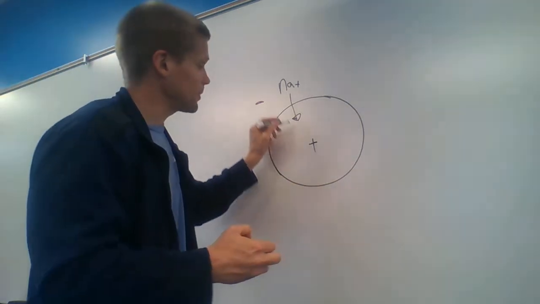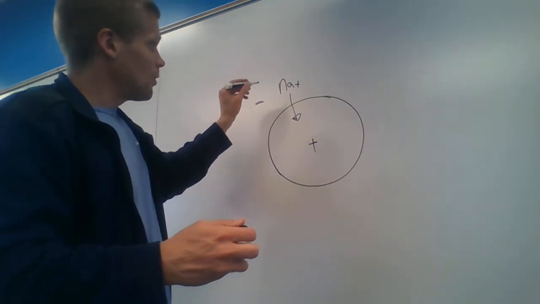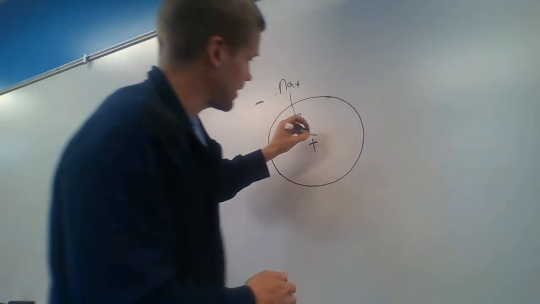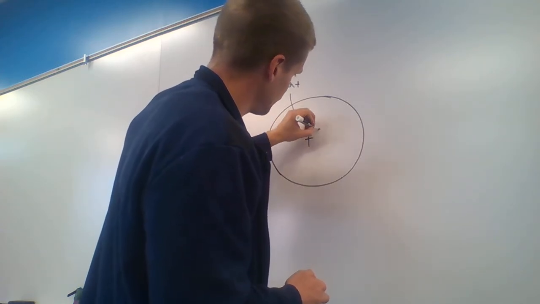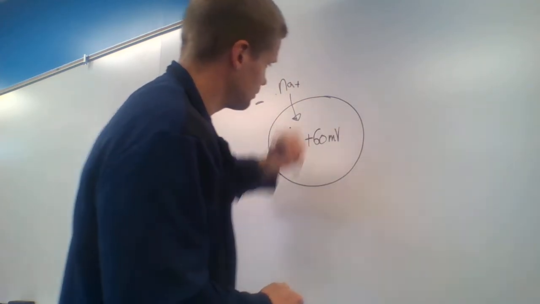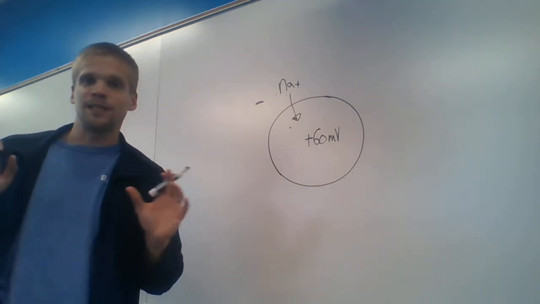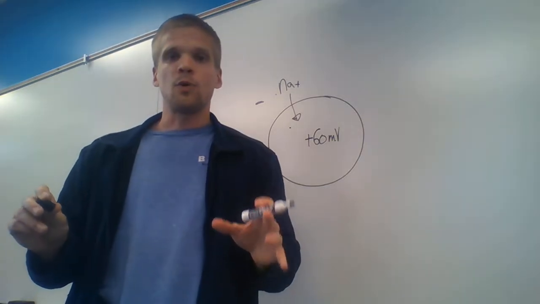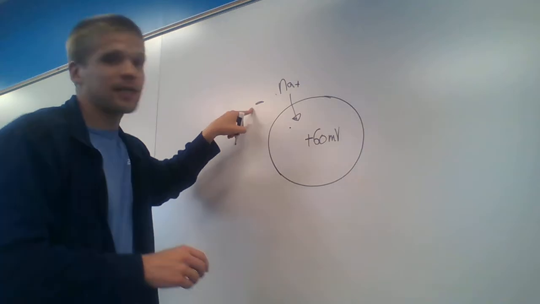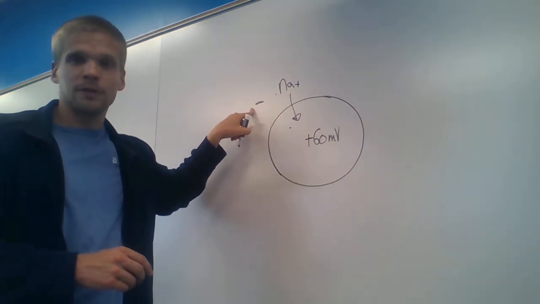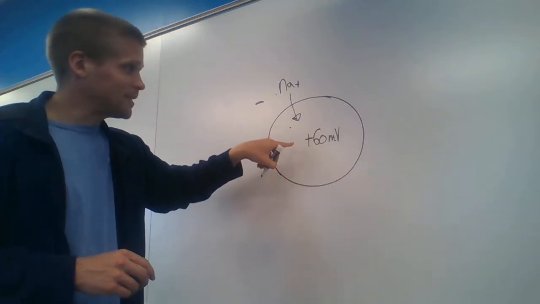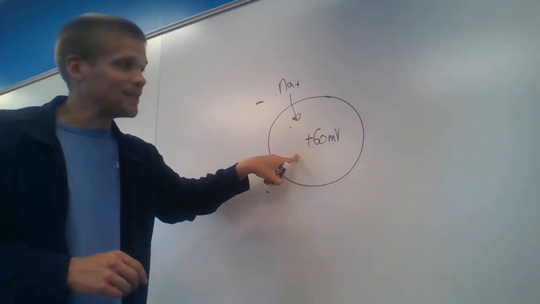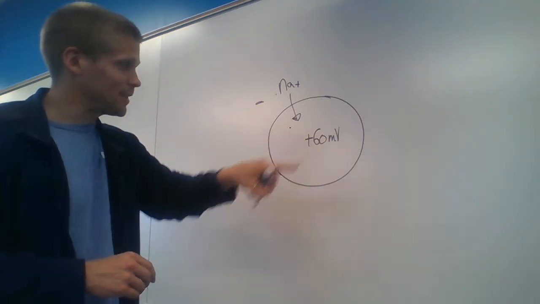Okay, so as sodium comes in, what we know is once enough sodium comes in to make the interior positive 60 millivolts, what's happened is the outside has become negative enough, right? Because as sodium's coming in, we're increasing the number of positively charged ions on the inside in relationship to negative, so the inside's becoming positive.